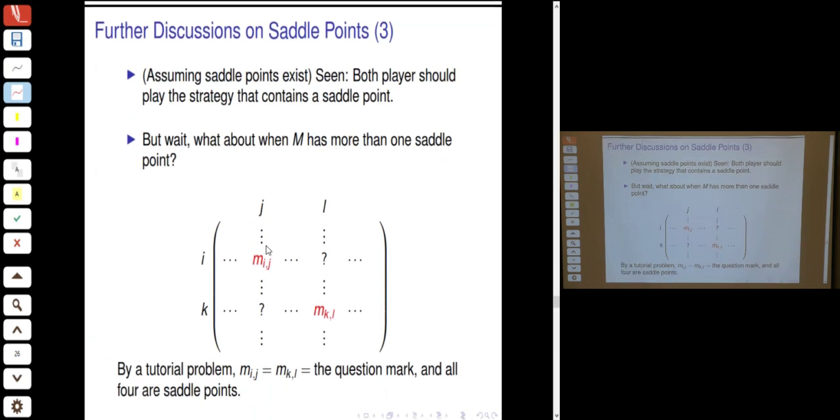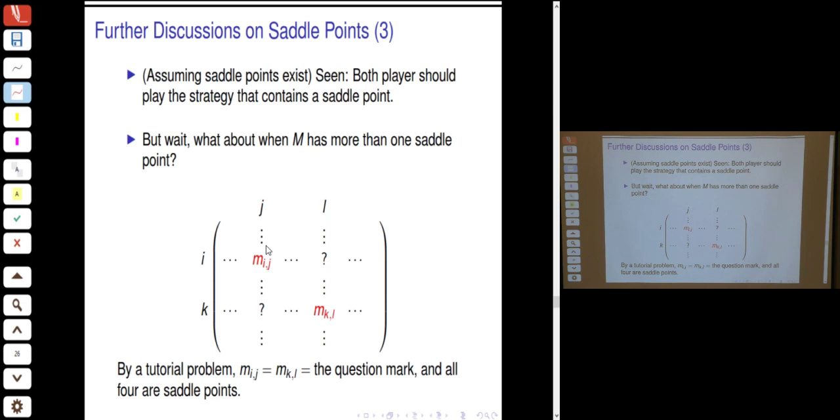So assuming a saddle point exists, both players should play the strategy that contains a saddle point. But what will happen if M has more than one saddle point? Then it can be shown that the values of the saddle points must be the same. So in terms of the value of the payoff, it doesn't matter which saddle point the player chooses.